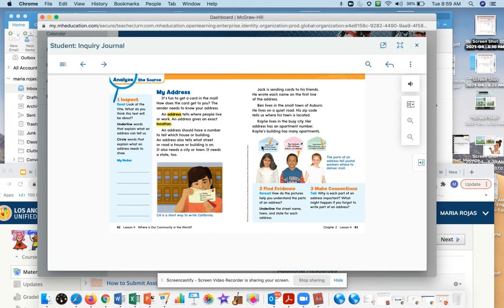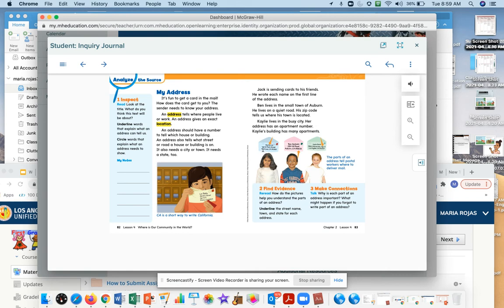Then, second of all, I would need her exact house address, the exact numbers in her house, and the street. So, for example, this little girl lives at 600 Park Street. That is the number of her house, 600, and the street is Park Street. Now, you need the exact number for your house, and then you also need the city.